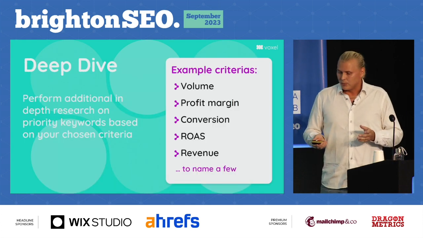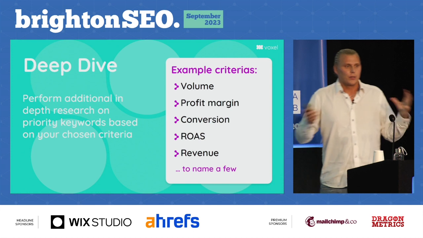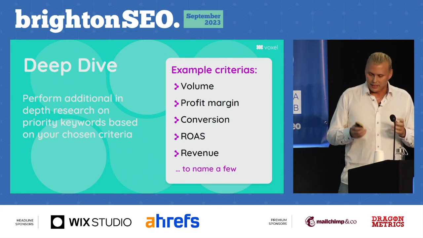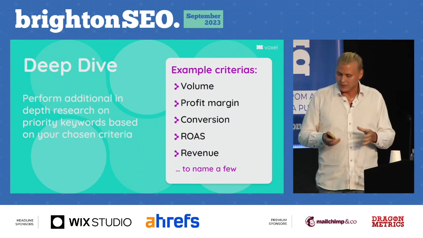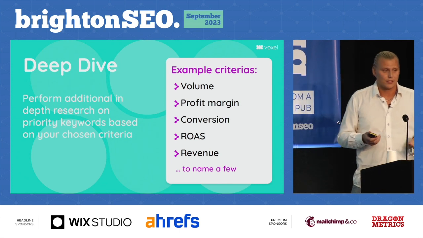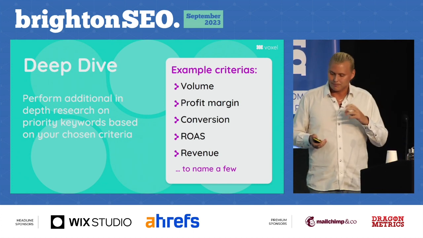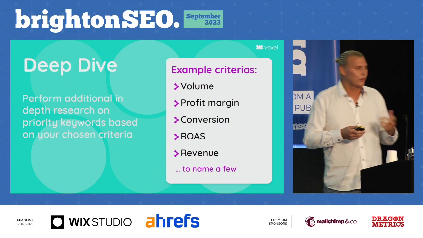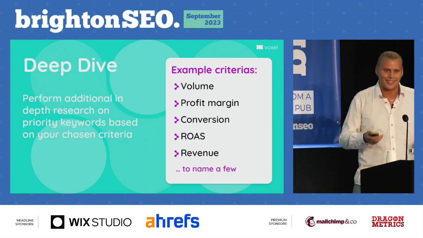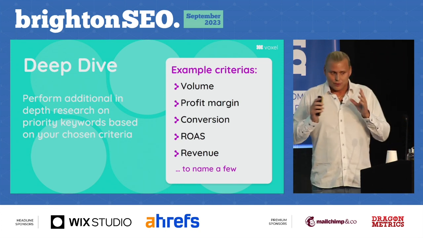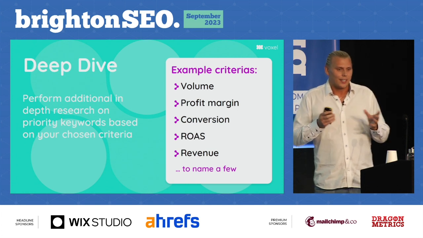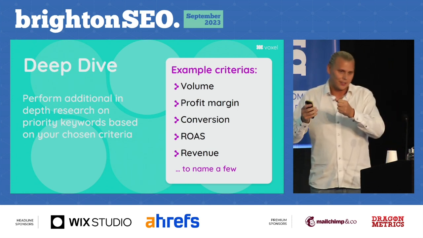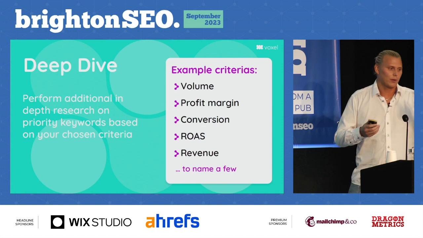What we want to do when we have added all the keywords from different sources in Voxel is to perform additional deep dives. And these deep dives should be on your priority keywords. Whether that's your products with the highest profit margin, take the keywords associated to that and run them through long tail, People also ask, and so on.